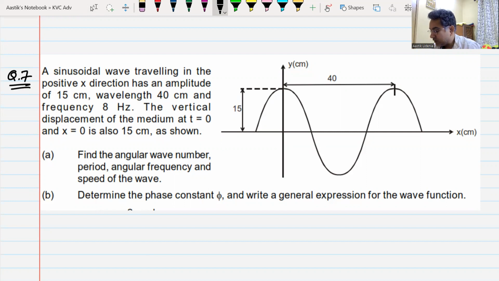The vertical displacement of the medium at t equal to 0 and x equal to 0 is also 15 centimeters, as shown. And then these are the things that you have to find out. I will give you 2 minutes to give me the answer.